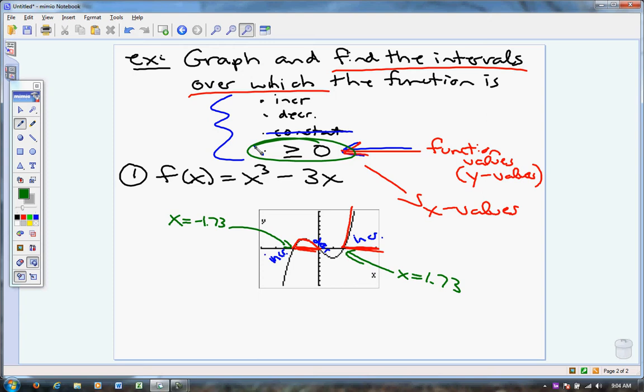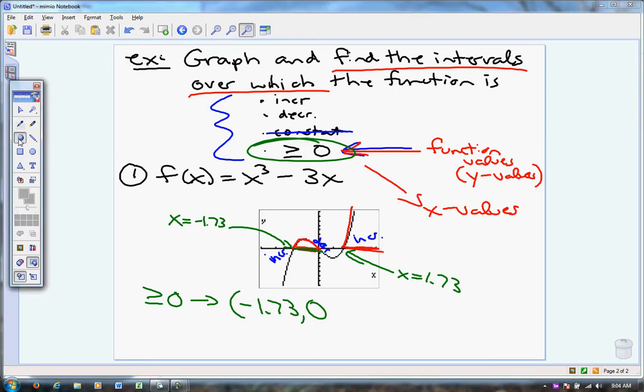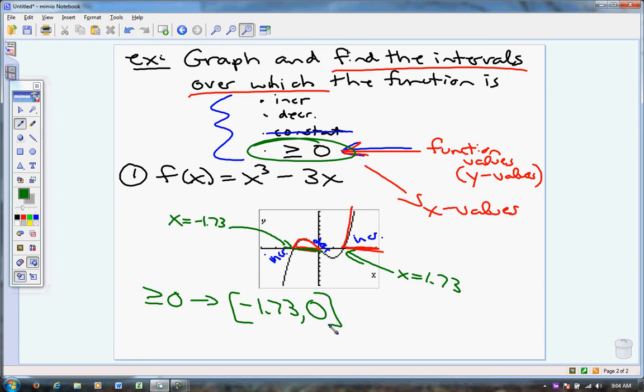Or where is the function positive? Well, it's going to be this stretch in here. So my first answer, it is greater than or equal to 0 on the interval from negative 1.73 to 0. Actually, that should be a square bracket, sorry, because it said greater than or equal to, and we would include 0.